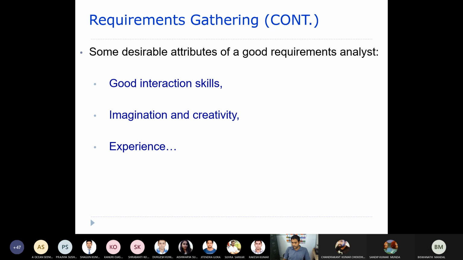And he should be a well experienced person in that particular area or domain. He might have previously handled such interviews, so then it will be good for us because we will be able to gather the requirements accurately.